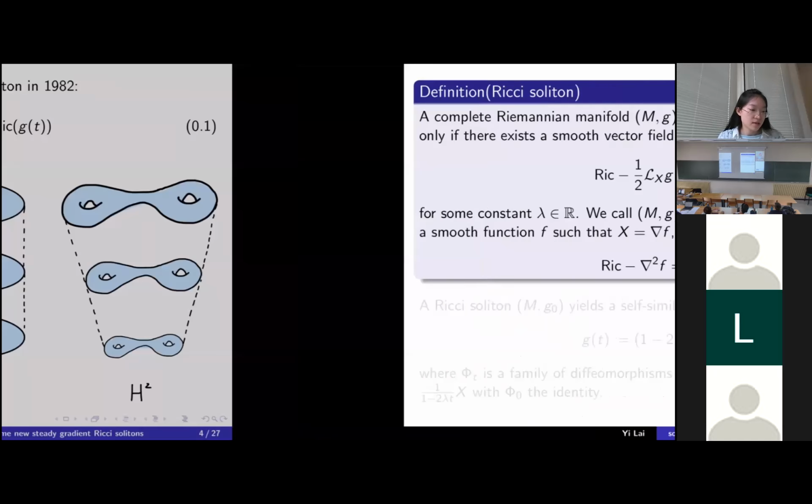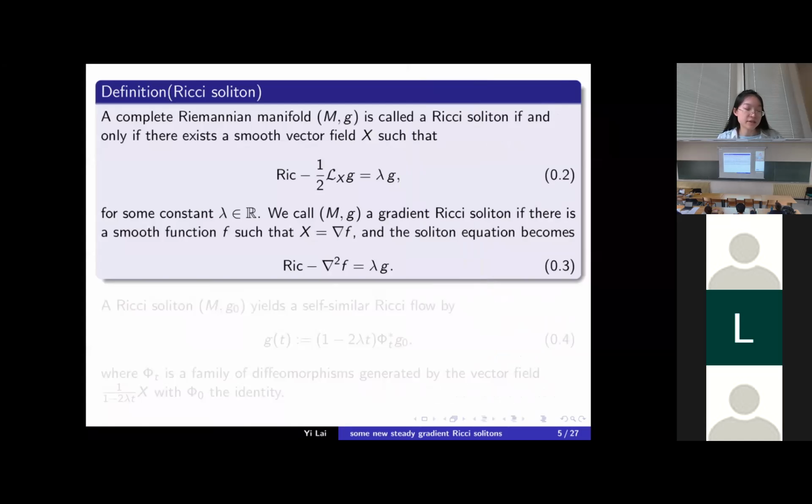A Ricci soliton is a complete Riemannian manifold if there is a smooth vector field X such that this equation is satisfied: Ricci minus 1/2 the Lie derivative of the metric along X is equal to some constant times the metric. If your vector field is 0, then you don't have the second term, and you just have the Einstein manifold. So it is a generalization of the Einstein manifold, and this lambda is some fixed constant.